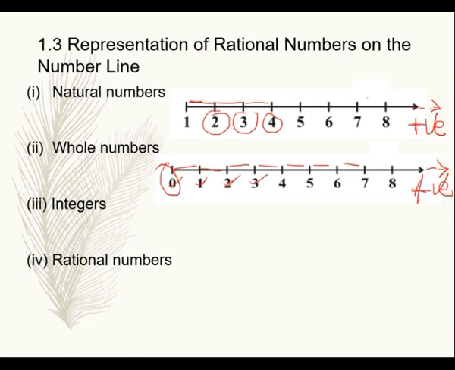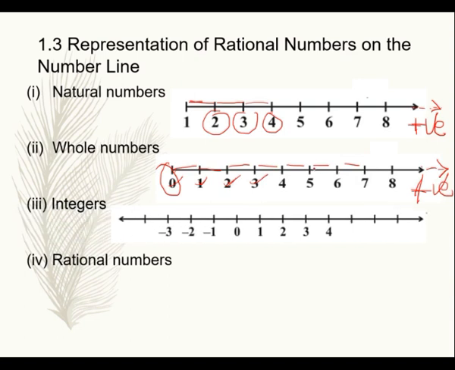Next, which is the next number line? It is the integer number line. What is the integer number line? The integer number line has 0 in the center, and to the right of 0, the positive direction, we have all the natural numbers, and their images are on the left side of 0.